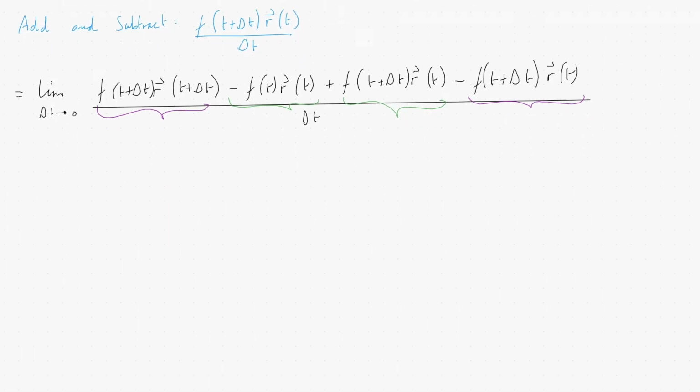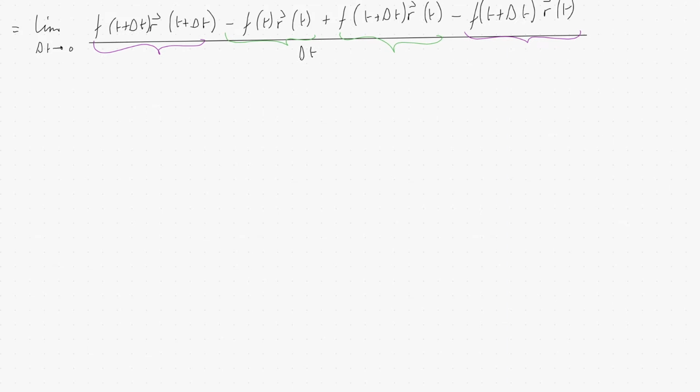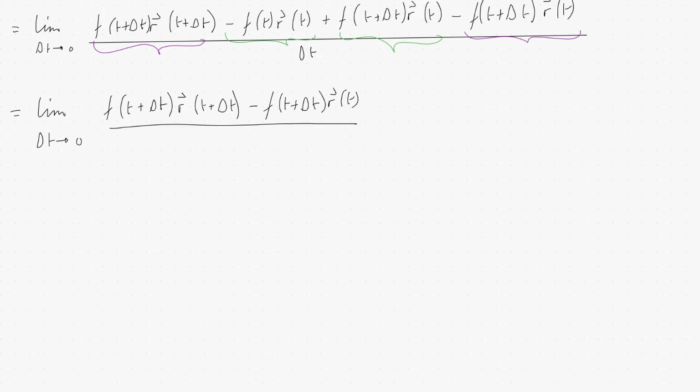So, moving it up a little bit, we find that we get the limit as delta t goes to 0. Now let's focus on the purple part here. We are going to have f of t plus delta t times r of t plus delta t minus f of t plus delta t times r of t, all over delta t.